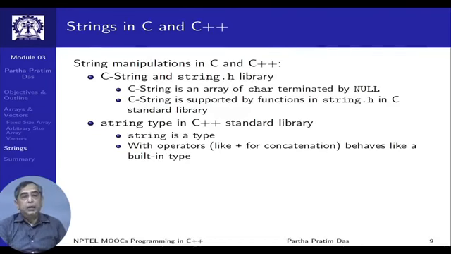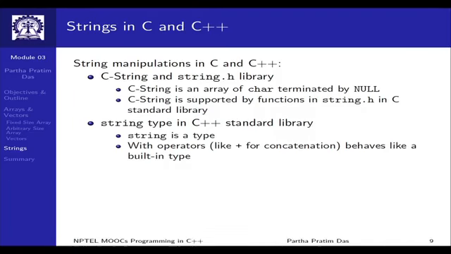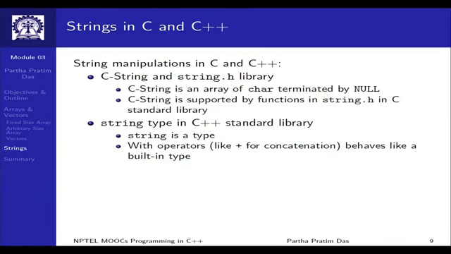Next, let us take a look at the handling of strings. As you would be already familiar, besides the numerical types, that is the whole numbers, int and the floating point numbers, the next most widely used and most required type of values that we need to deal with are strings, where we are talking about a sequence of characters.